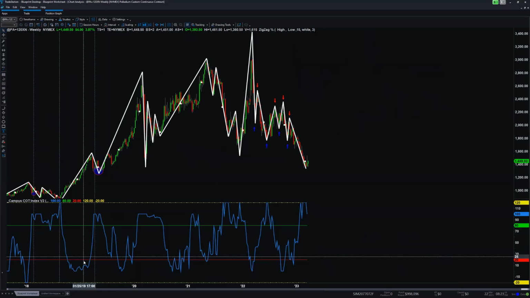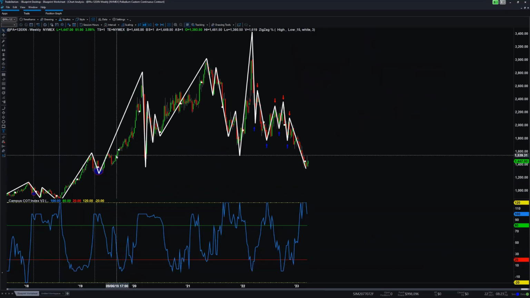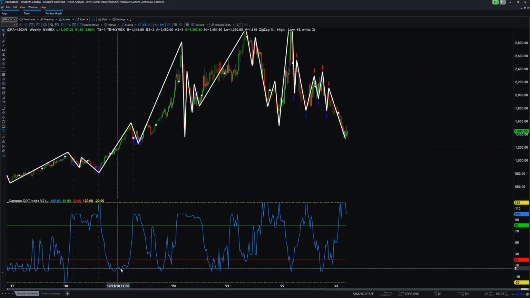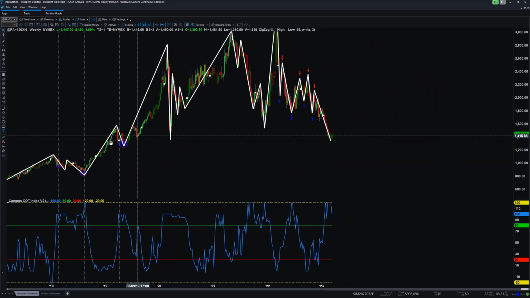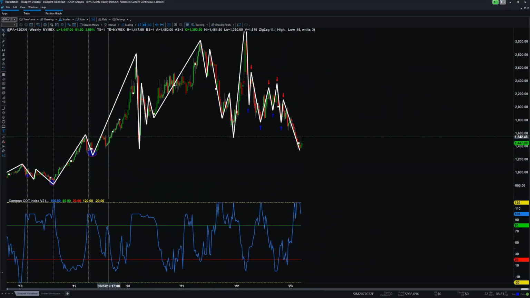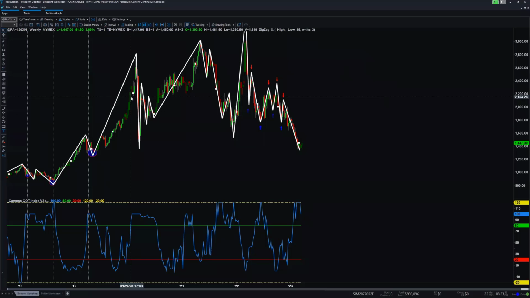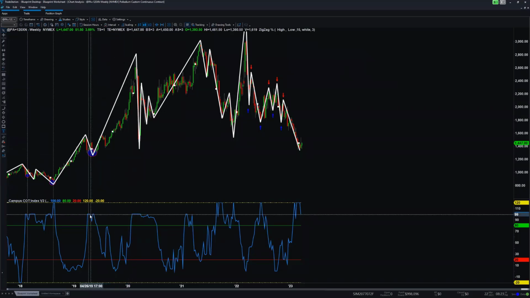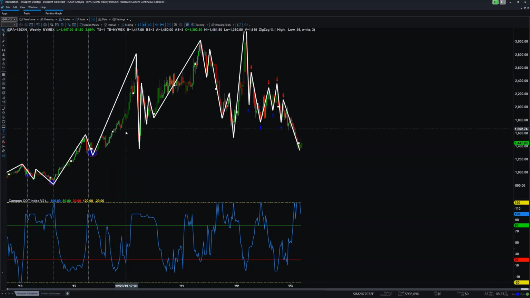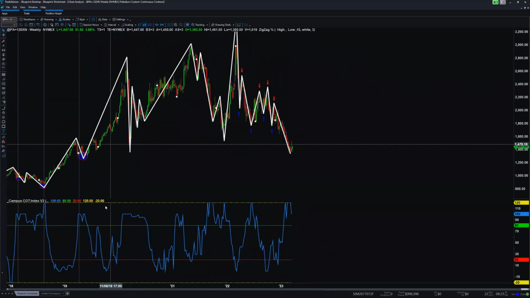So if we are in an uptrend, I don't care about the commercials being down there. If I'm in an uptrend and the commercials are down there, I don't really care, because that's just what they're going to do, right? They're going to hedge some of their positions. They're going to sell into those rallies because they want to take profit and make money in the real world. So I don't care as long as the markets are uptrending.